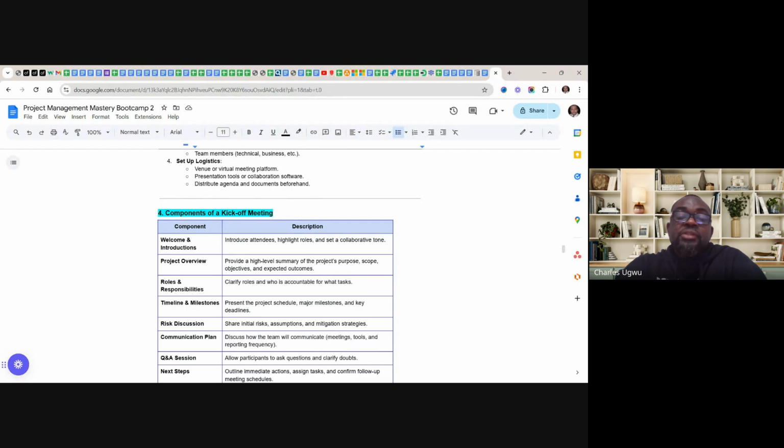Roles and responsibilities. Even if you don't have a RACI matrix, you should be able to know some roles involved at that moment. So we should talk about roles, introduce yourself as the project manager. Some people at that point might not know who the project sponsor is, introduce the project sponsor.